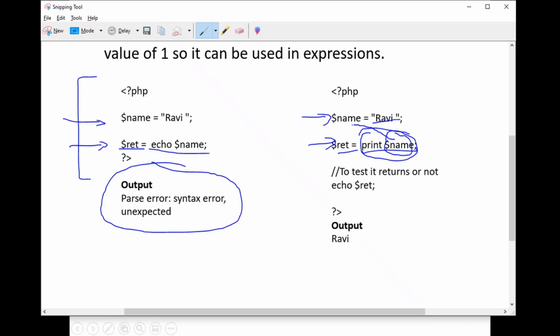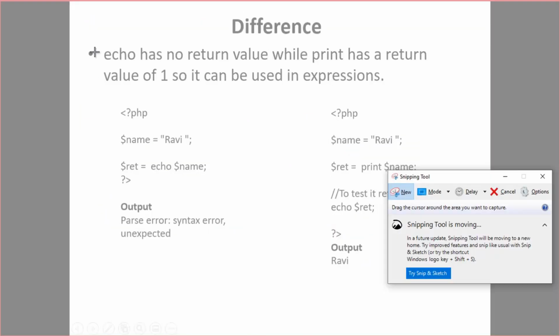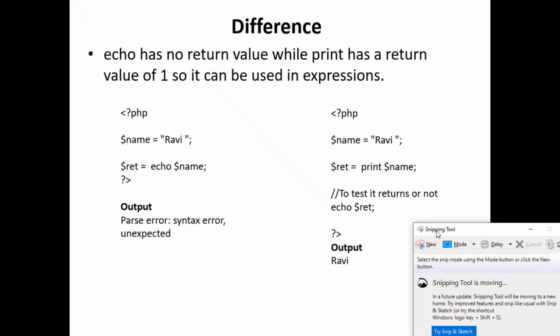So the name will be stored in ret, and when we do echo $ret, the output we get is Ravi. So this is the difference between echo and print.